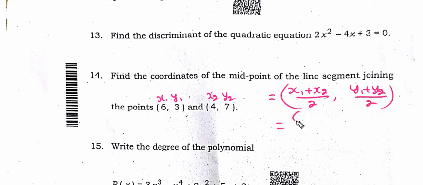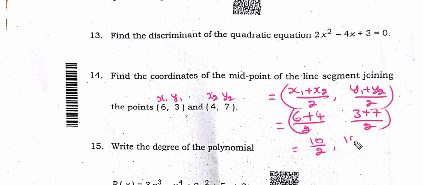So x1 is 6 plus x2 is 4 divided by 2, and y1 is 3 plus y2 is 7 divided by 2. 6 plus 4 is 10 by 2 and 7 plus 3 is 10 by 2. So that becomes 5 comma 5, the coordinates of the midpoint.